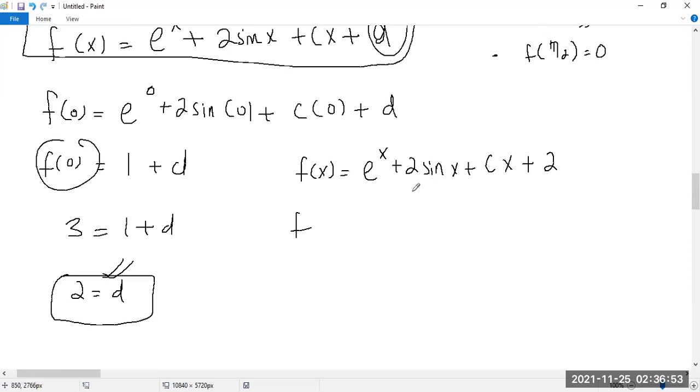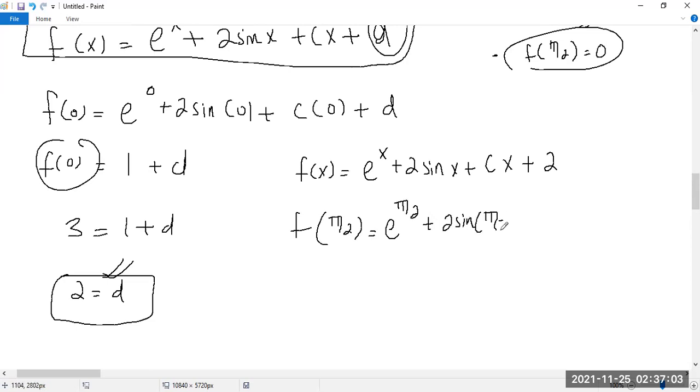So I'll take this other piece of information here, pi over 2. So f of pi over 2 equals e to the pi over 2 plus 2 sine of pi over 2 plus c times pi over 2 plus 2. And f of pi over 2 we know is 0, right?